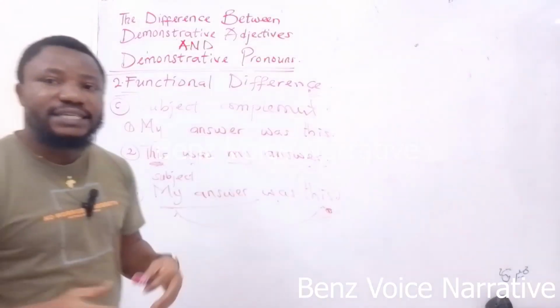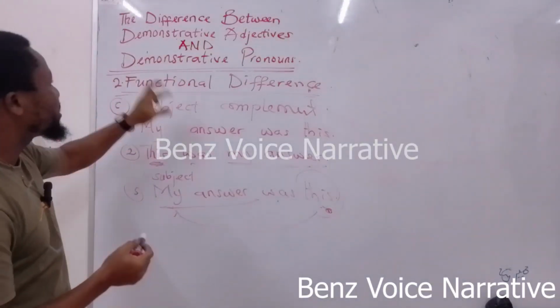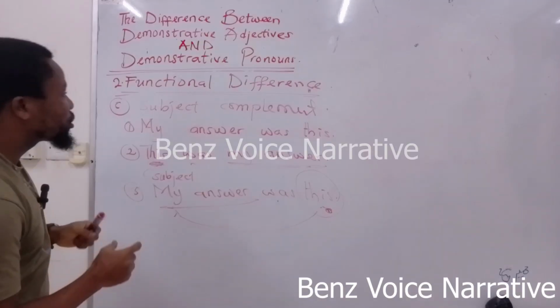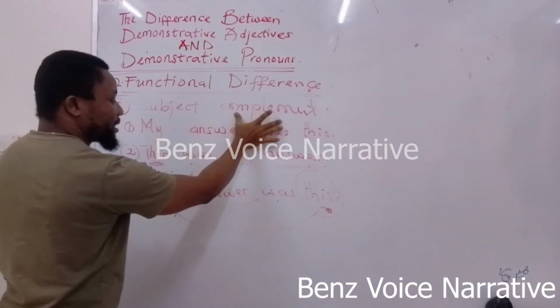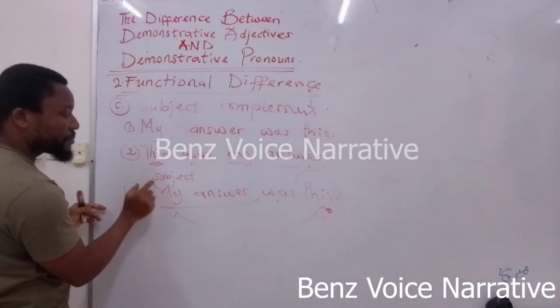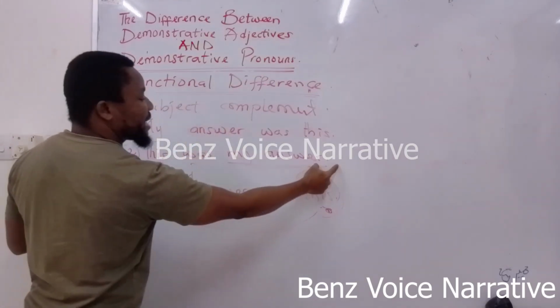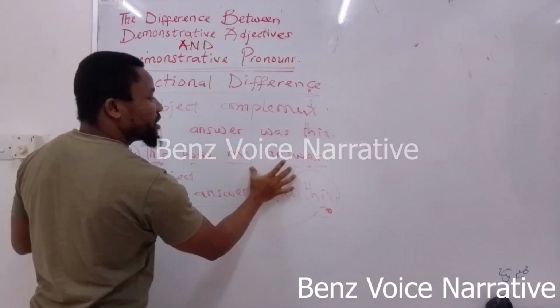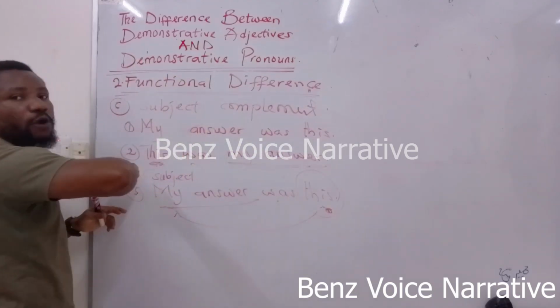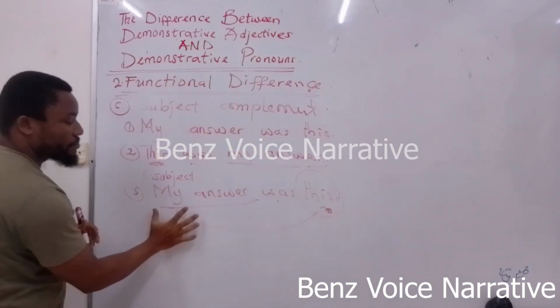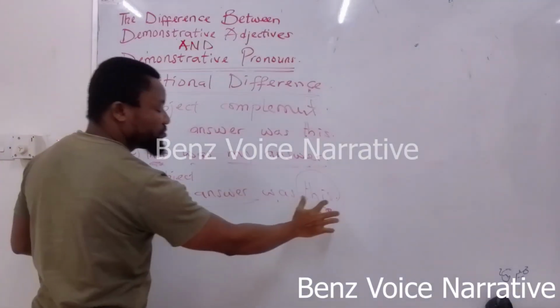So for you to have a demonstrative pronoun function as the subject complement in a sentence, move the subject to the end of the sentence, and move the initial complement forward. So you have something like, my answer was this.